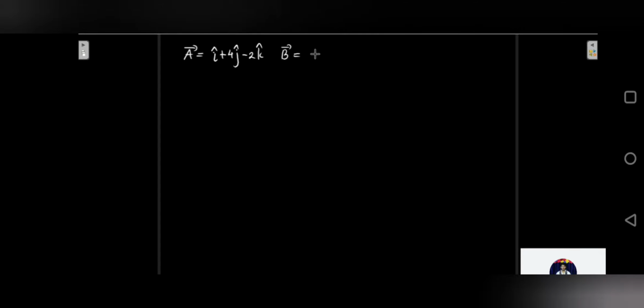Okay, note down the next question. Find a unit vector parallel to the resultant of vectors a, which is equal to i cap plus 4j cap minus 2k cap, and b, which is equal to 3i cap minus 5j cap plus k cap.